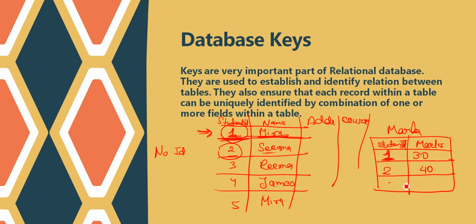And again let's say this new Meera got 30 marks too. So instead of writing the name, I will write the ID, that means 5. 5 got 30 marks. This time it is not going to be confusing which Meera got how many marks, right? It will be clear for us that student ID 1 means this Meera and student ID 5 means this Meera.